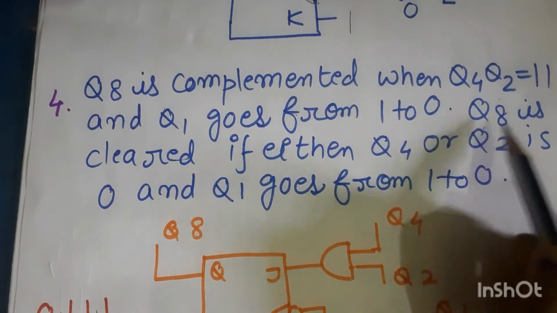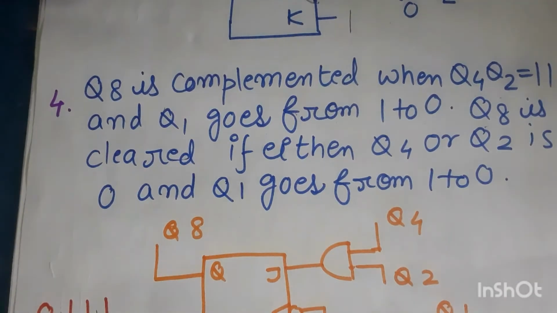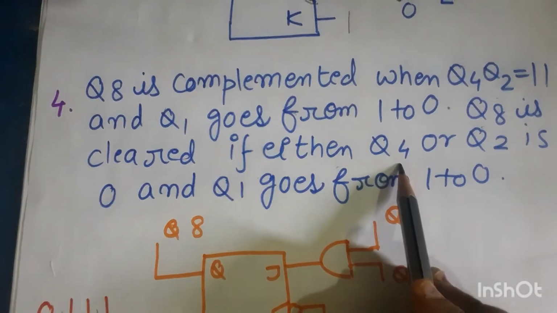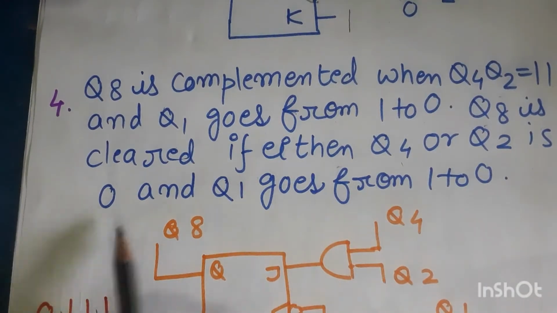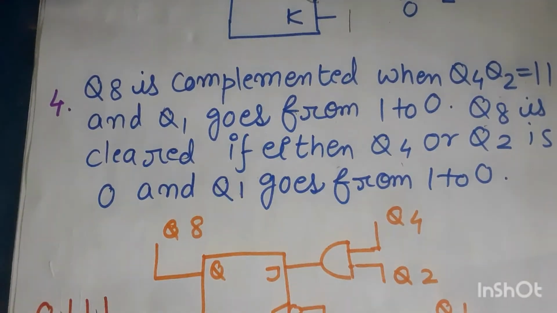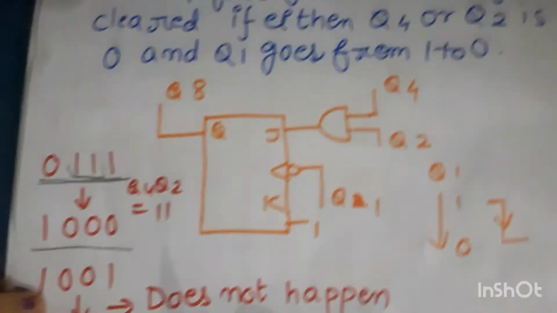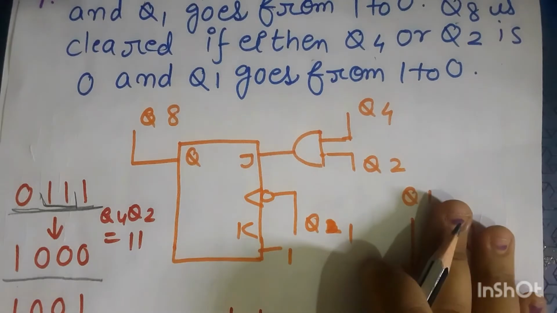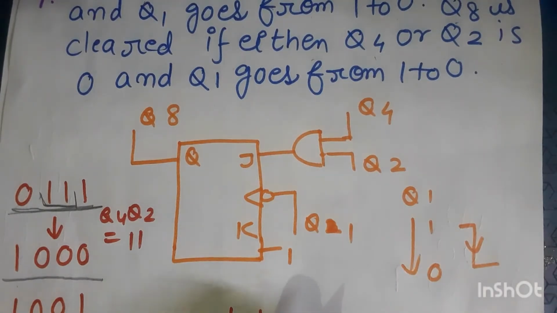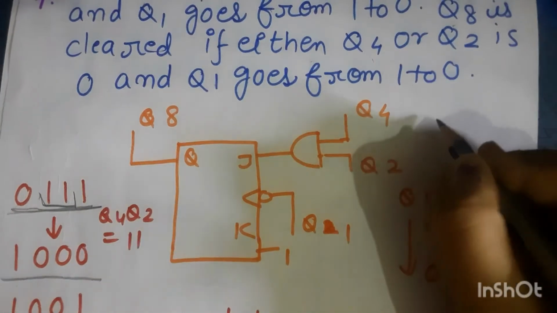Second line, Q8 is cleared if either Q4 or Q2 is 0 and Q1 goes from 1 to 0. We can write out the conditions after 9. What are the combinations of the 4 bits that happen after the value 9?